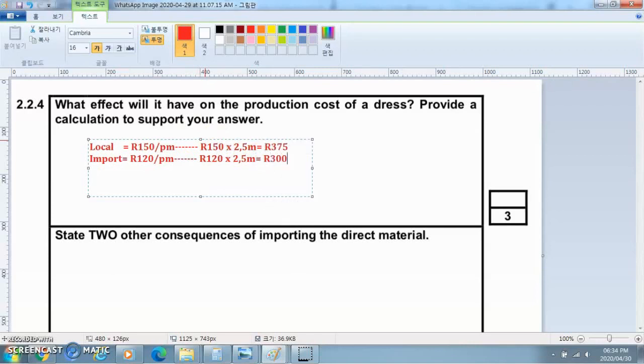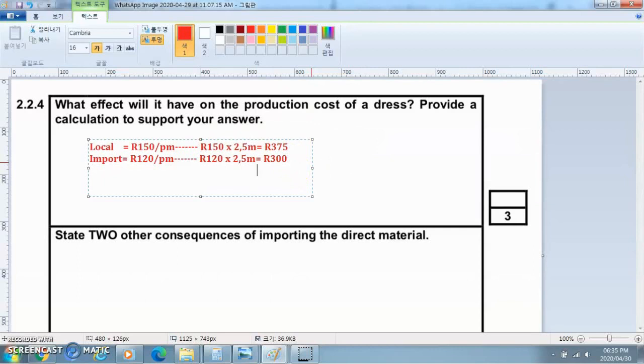So if we produce one dress with the imported material, we are going to spend 300 rand to produce just one dress, while locally, if we use the local material, we are spending 375. So the difference between the import versus local is going to be 75 rands.